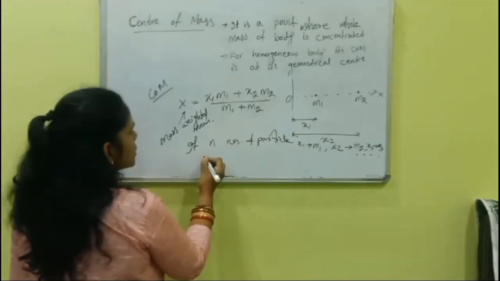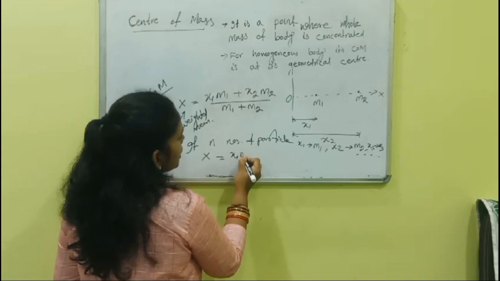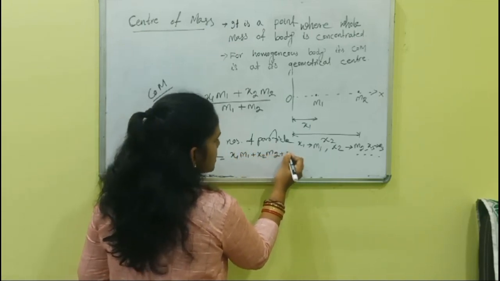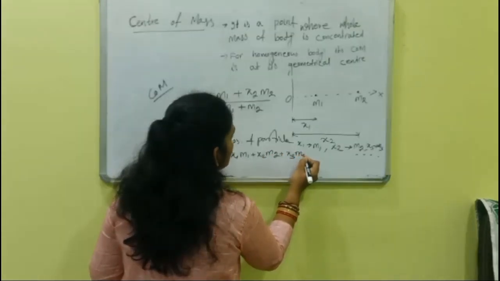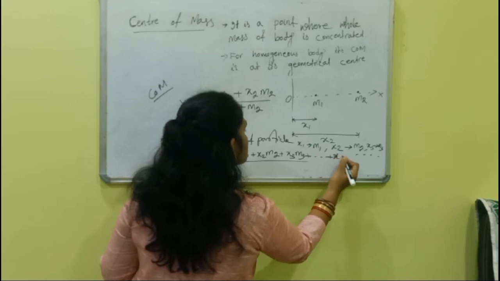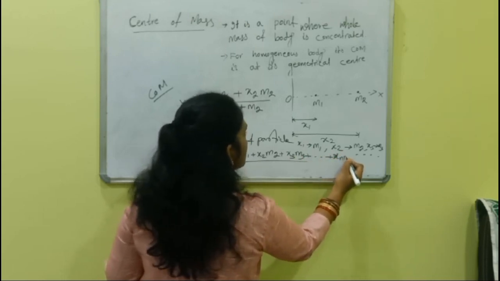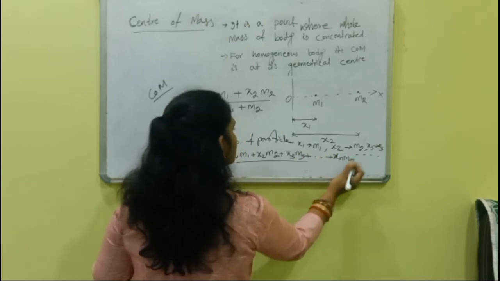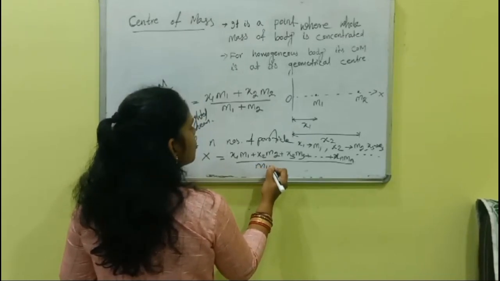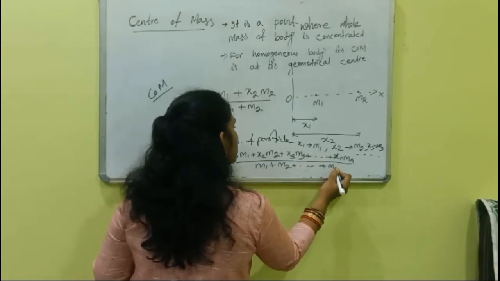So what about the center of mass? X is equal to x1 m1 plus x2 m2 plus x3 m3, and in a similar way you add up to n particles. The last one is xn mn, divided by m1 plus m2 up to mn.